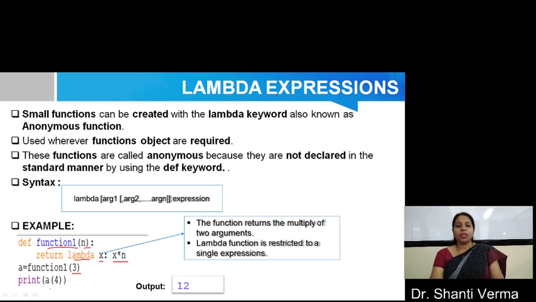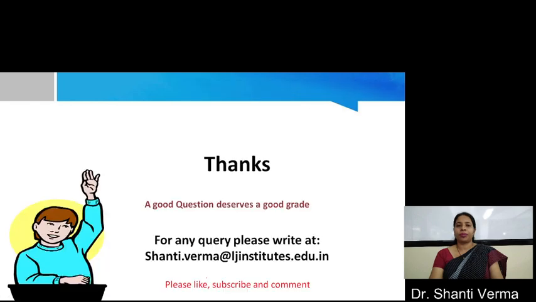And when I print A(4), it means A is basically a lambda function, and I pass 4 to A, so the x value is 4. It calculates 3 times 4 and the output is 12.